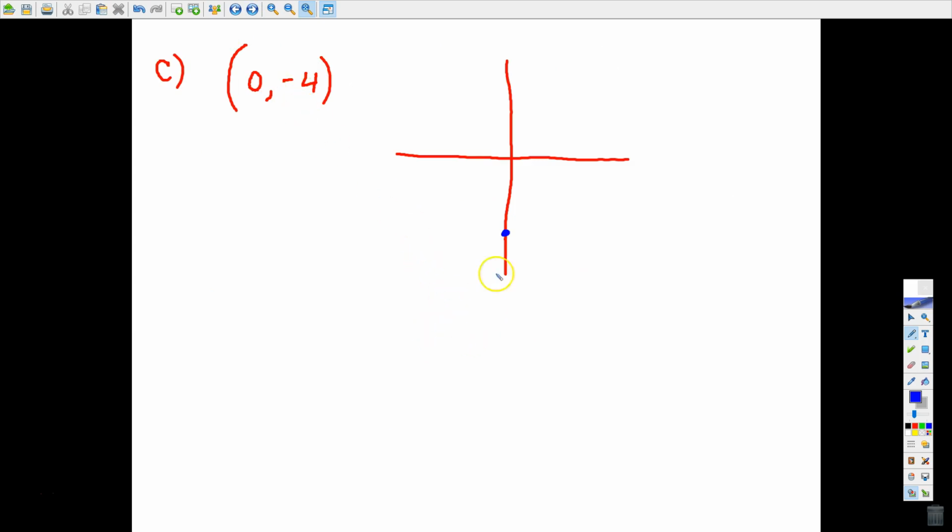Well, to get sine, technically you would take this point and divide by the radius of our circle, which if we were to draw a circle, the radius would be 4. And -4 divided by 4 would be -1. So it's just always true.